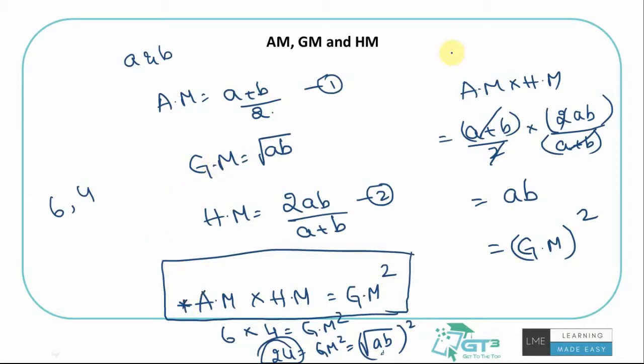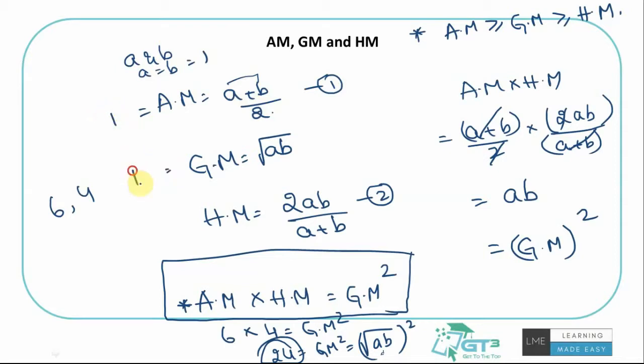Another key point, which is an inequality, which is a good relationship that might help sometimes. Arithmetic mean is always greater than or equal to the geometric mean, which is greater than or equal to harmonic mean. When will this equal to happen? Only when these two values are the same. Let's say A equals B equals 1, for example. What is this? 1 plus 1 by 2, 2 by 2 is 1. What about geometric mean?